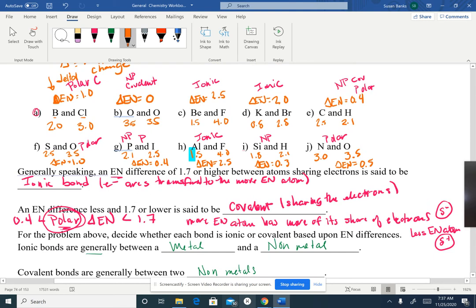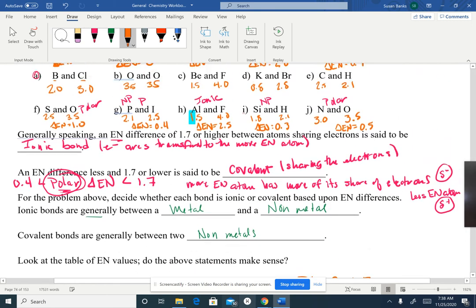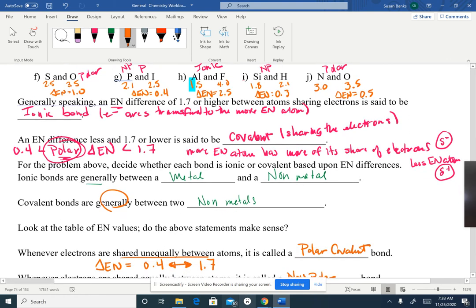Okay, F is polar, G is non-polar, but it's also right on that edge. So we're going to put a question mark by it. H is ionic, I is nonpolar.